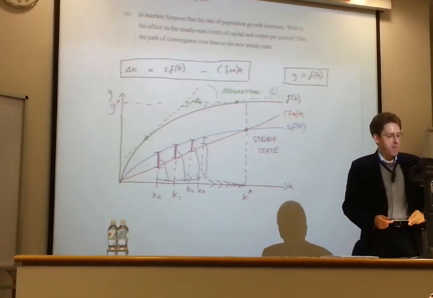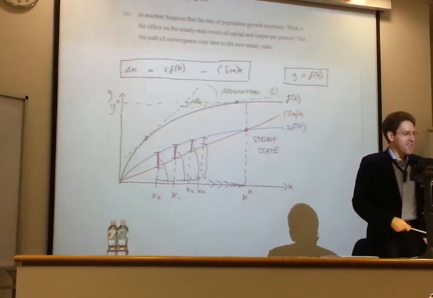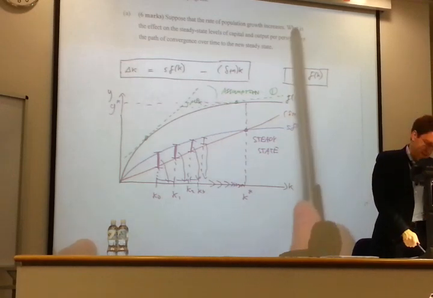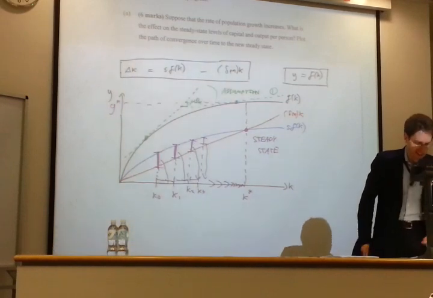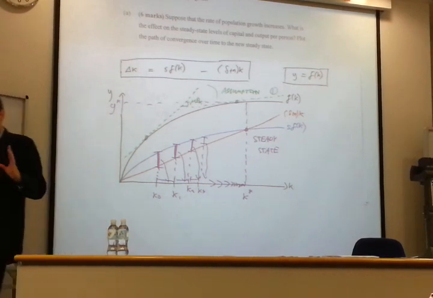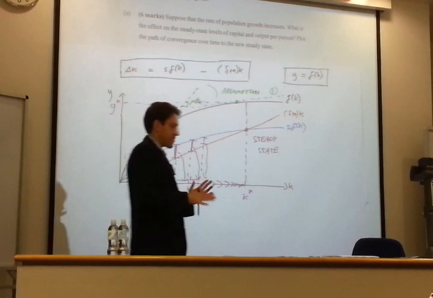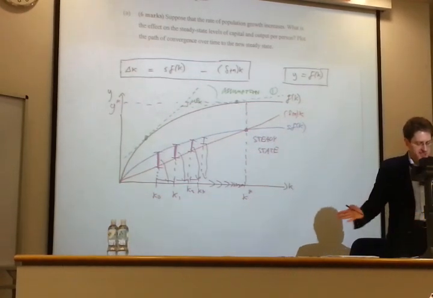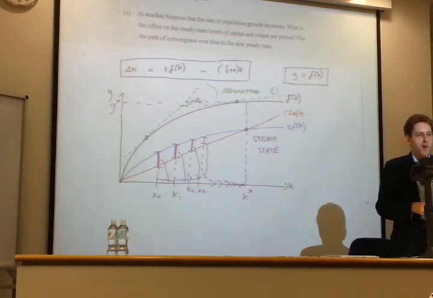Conversely, just like many people answered a question that wasn't there, many of you didn't answer the question that was there. Most of you stopped before the last sentence of this question, where you were asked not just to find the steady state, but to show, by plotting over time, the path of convergence, the transition from the existing steady state to the new one that's going to result from high population growth.